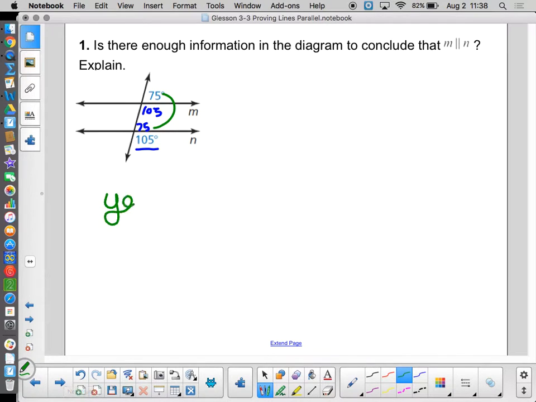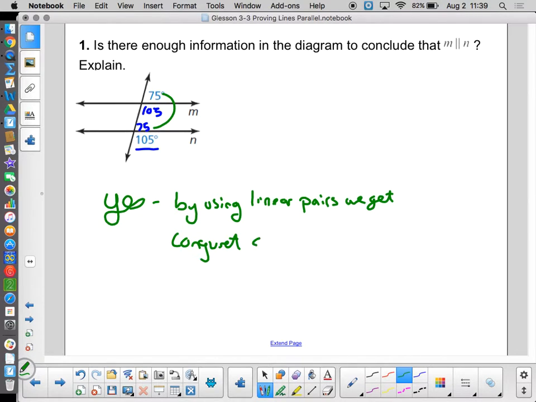So yes, by using linear pairs, we get congruent corresponding angles.